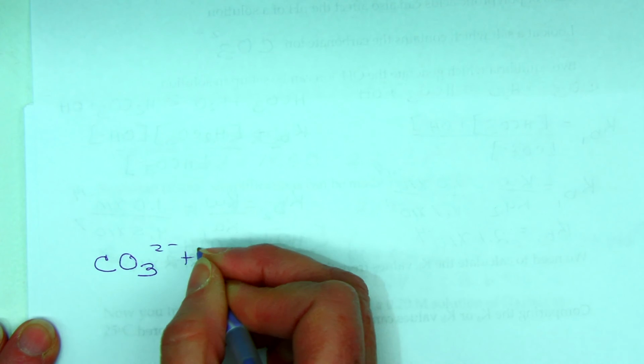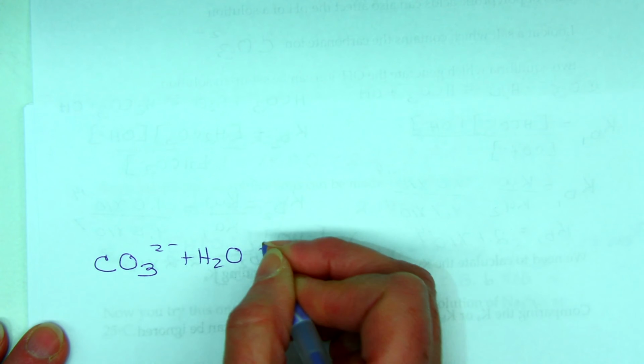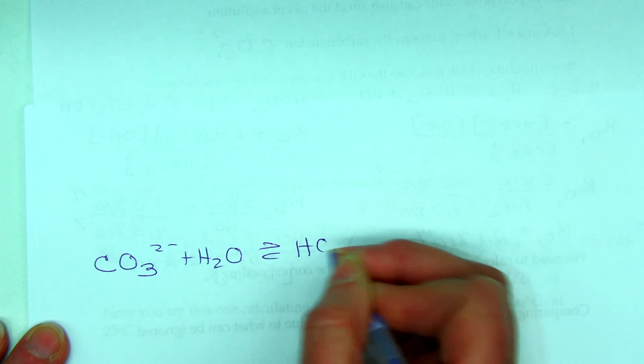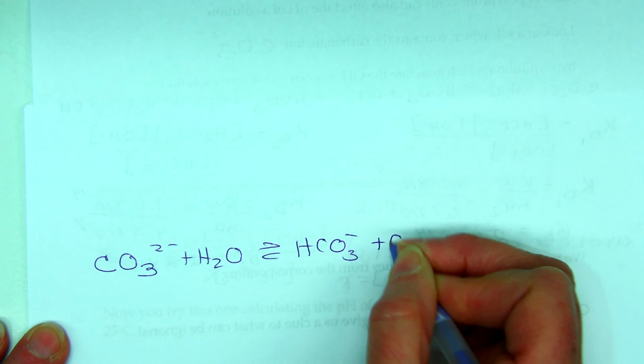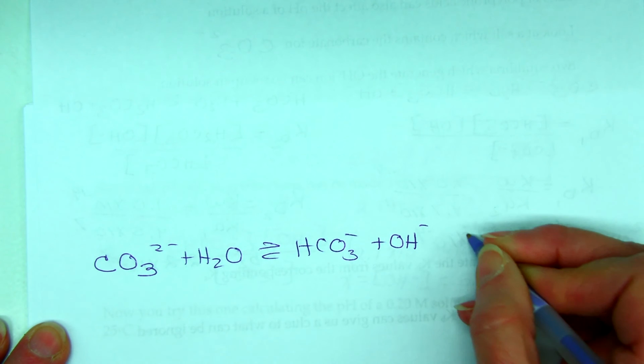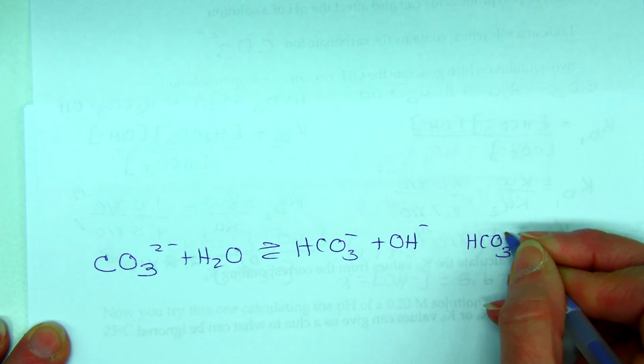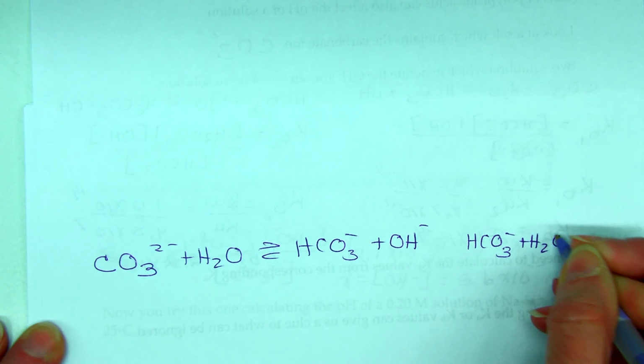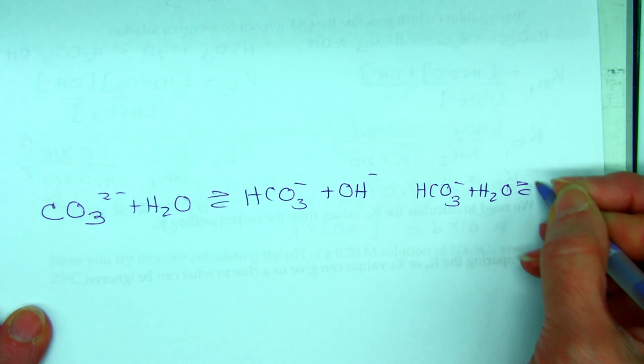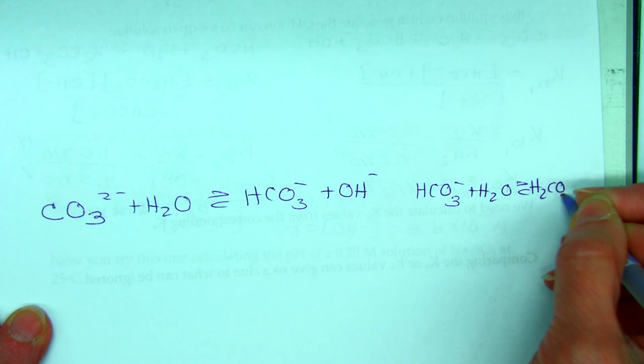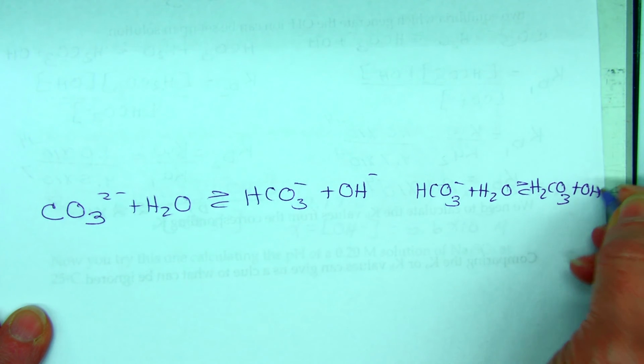So I had my two equilibria. My carbonate plus water is in equilibrium with hydrogen carbonate plus hydroxide, and then my hydrogen carbonate plus water is in equilibrium with my carbonic acid plus hydroxide.